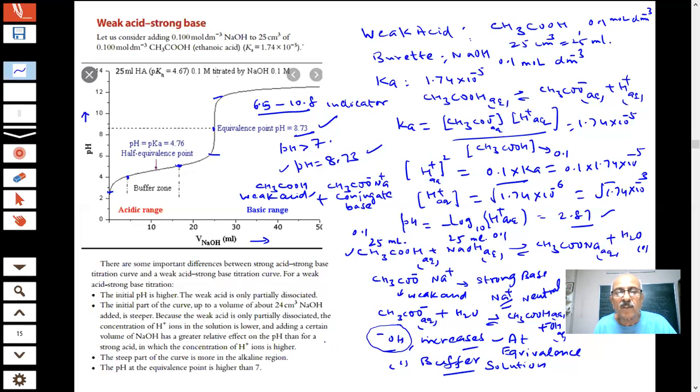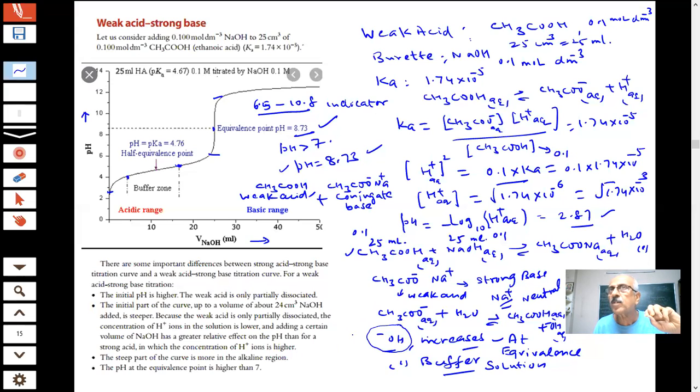The concentration of H+ ions in solution is lower. If the concentration of H+ ions is lower, what will happen to the pH? The more the change in H+, the more the change in pH. So adding a certain volume of NaOH has a greater relative effect on the pH than for a strong acid.